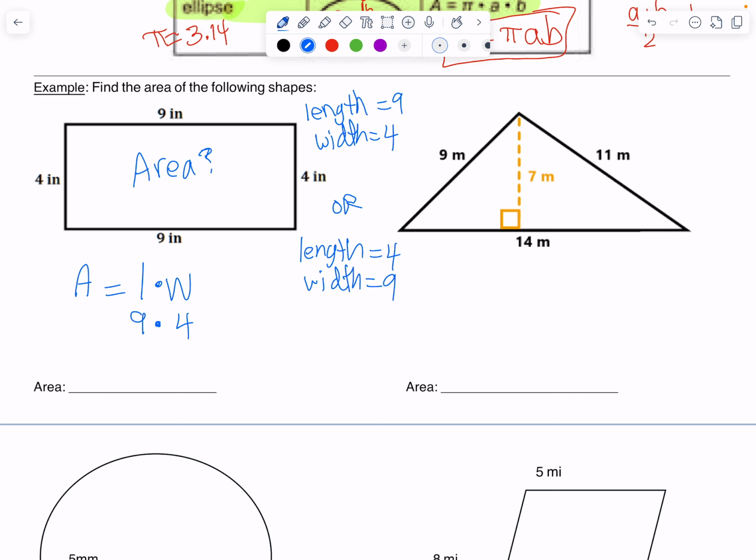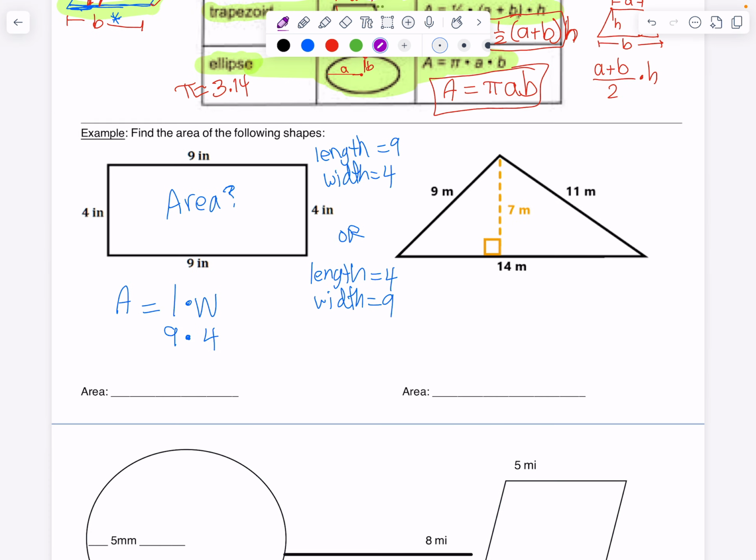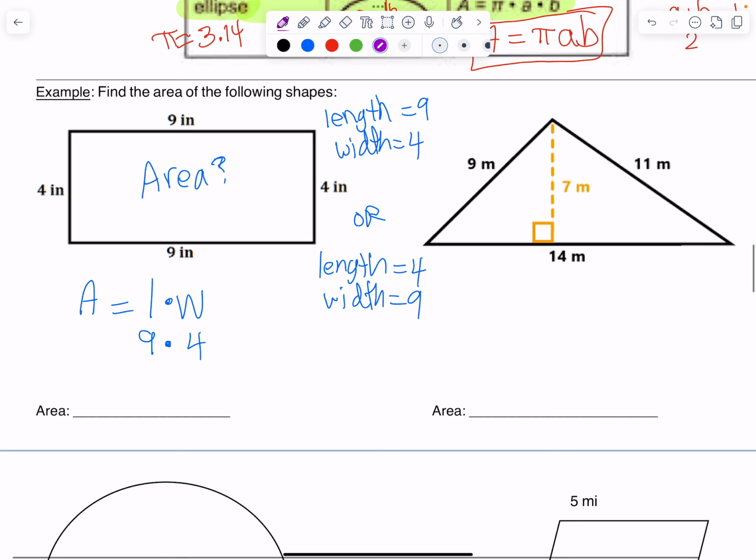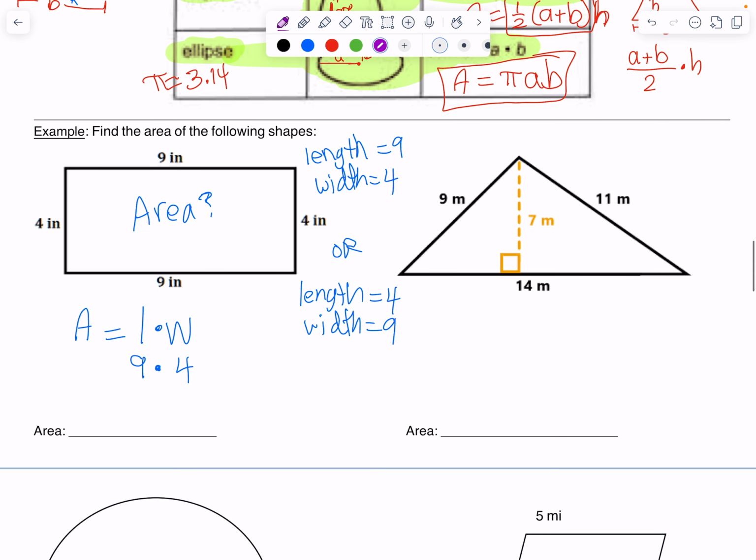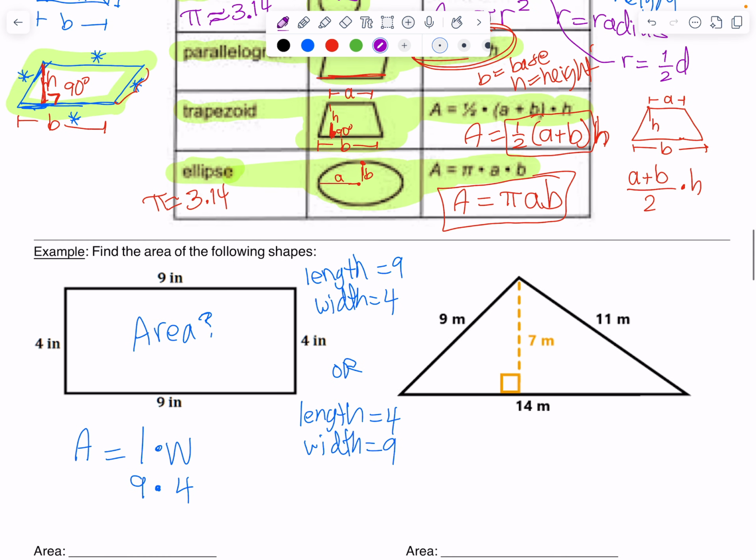But one thing I should mention before we get too deep into the numbers and move on to the next example, maybe I should even put a little note here: note that area is measured in what we call square units. Whereas with perimeter, if you were measuring everything in meters, your answer would be in meters.